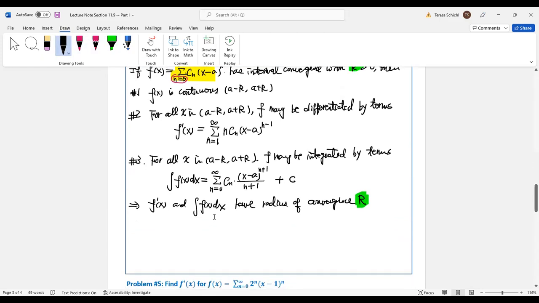But be very careful: the endpoints, a minus R and a plus R, must be checked individually, just like we did for the power series.